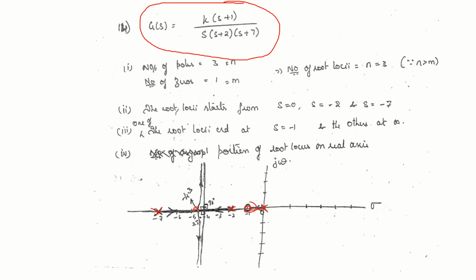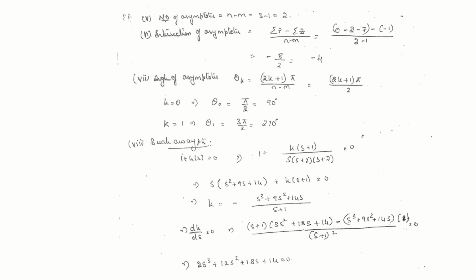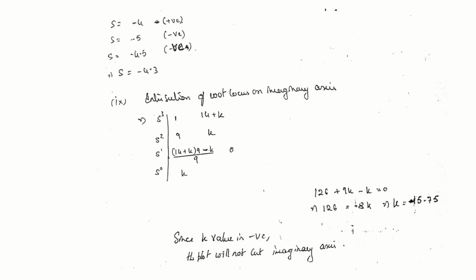This breakaway point is zeta equal to 1. Other points, you know that zeta will be greater than 1. And here the zeta 1 point is critical, there is a breakaway point. They break and they go like this. So not very special in this example.